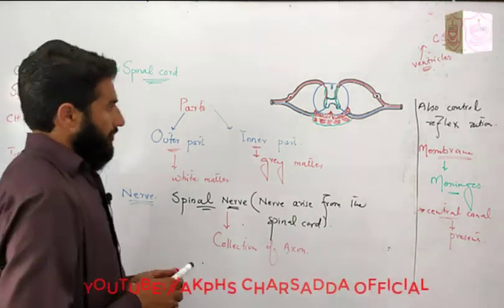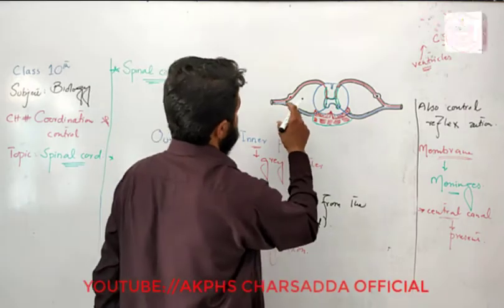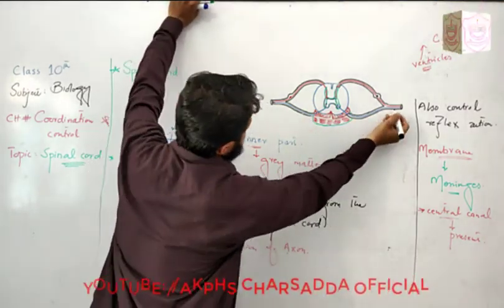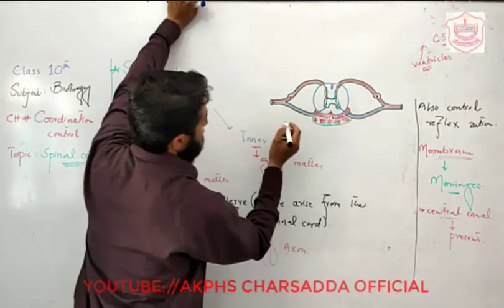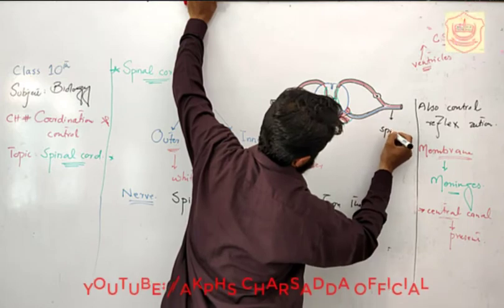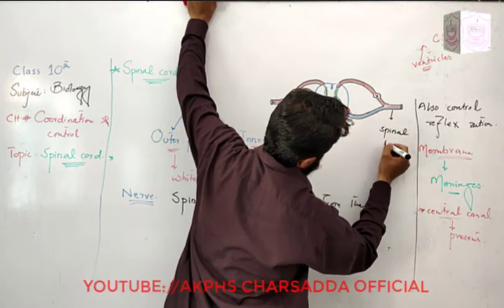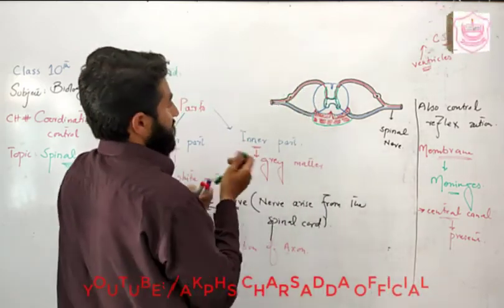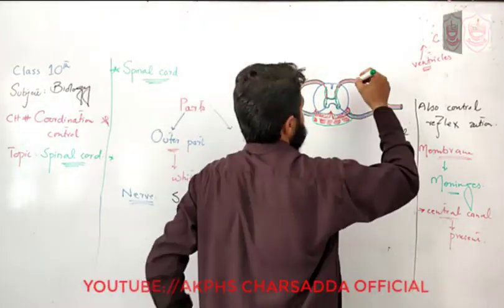Okay, if we look, this is a typical structure of the spinal cord. These are the nerves arising from the spinal cord. So these are called spinal nerves. Okay, this one is the axon of the sensory neuron.